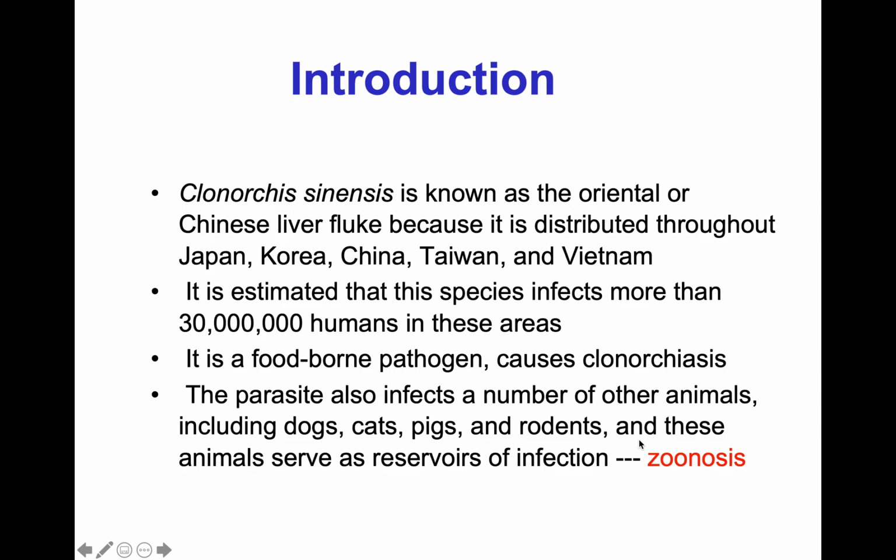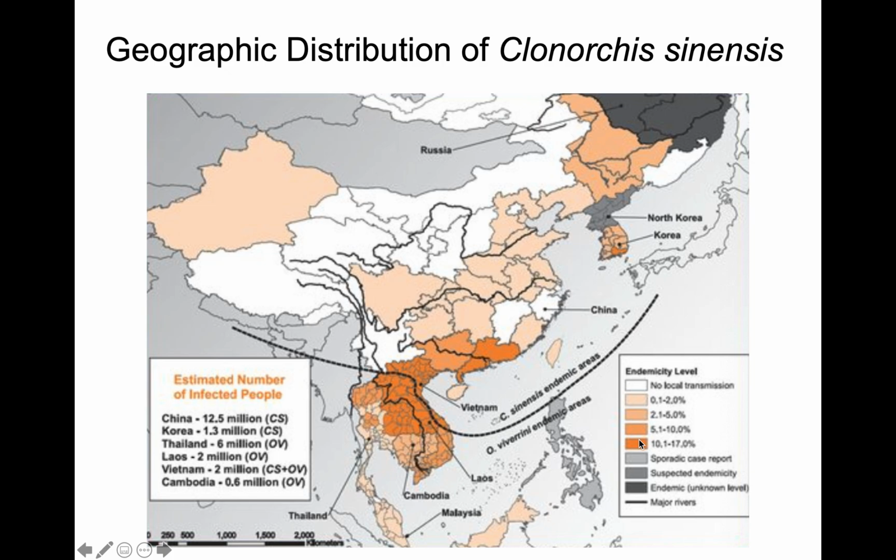So this is one of the reasons why this parasite is very prevalent in these countries. This is a map showing the distribution of Clonorchis sinensis, and you can see in China the estimated number of infected people is 12.5 million. It's a very large population.